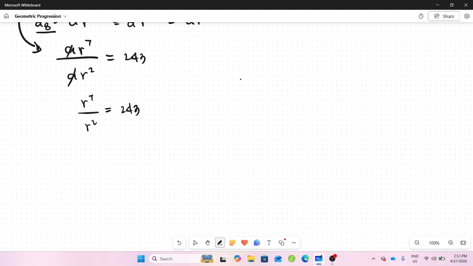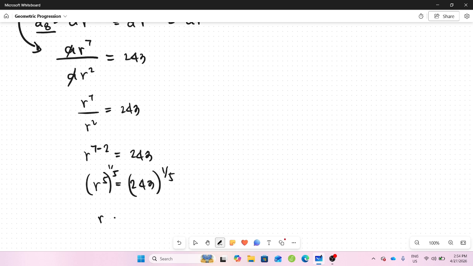So this gives us r to the power of 7 minus 2 equals 243. So the ratio here is r to the power of 5 equals 243. We take the fifth root of this, or the power of 1/5, so that it would cancel out.